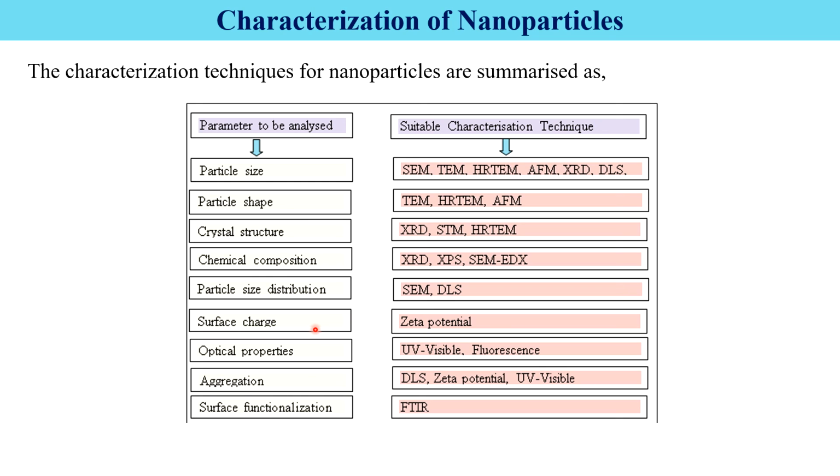To determine surface charge, we have to determine zeta potential. For optical properties, UV-visible, fluorescence, etc. For aggregation, DLS, zeta potential, UV-visible, etc. And for surface functionalization, the technique used is FTIR.